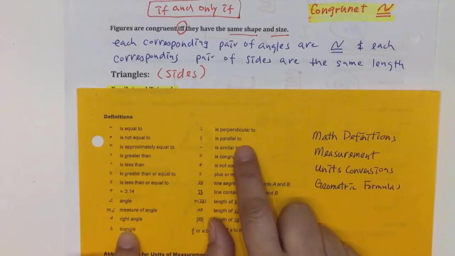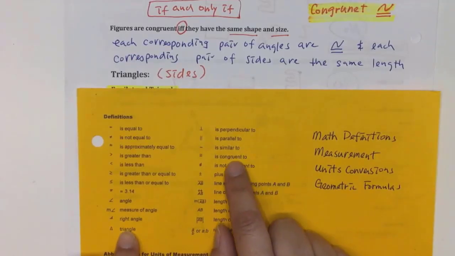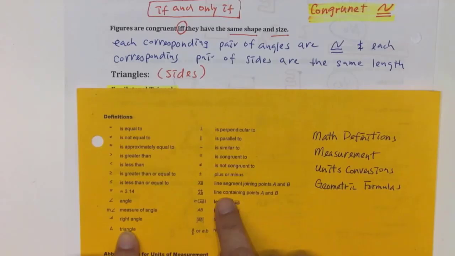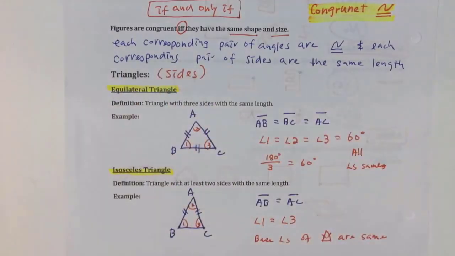This is perpendicular, parallel, this is similar, this is congruent, not congruent, plus and minus, and line segment, line, and this is measuring the length. So these have different symbols here. When you get a chance, take a quick look. Make sure you understand them. This is for your information.